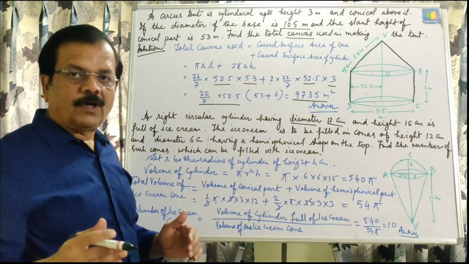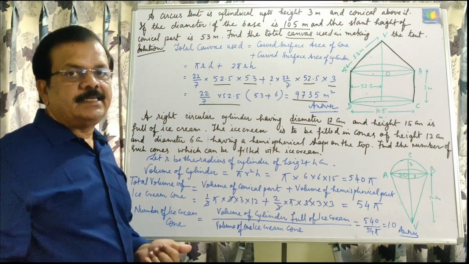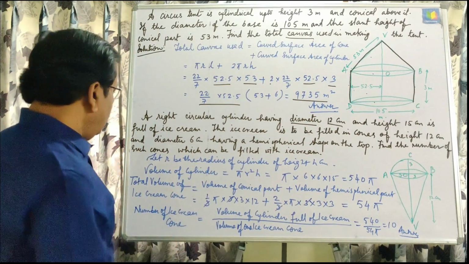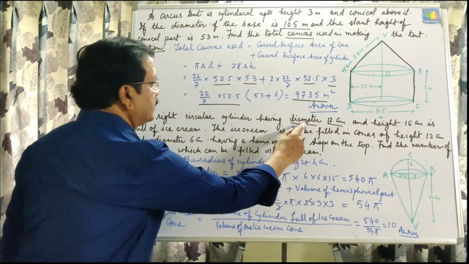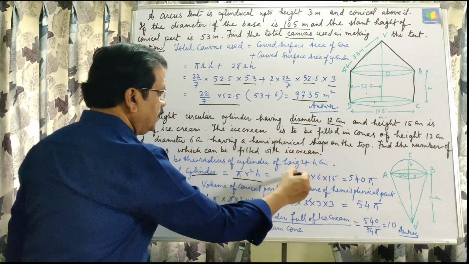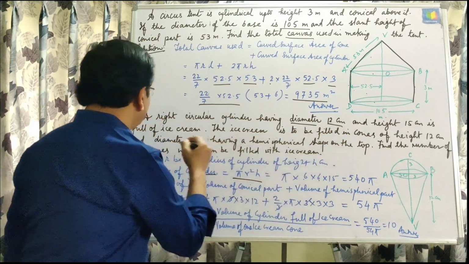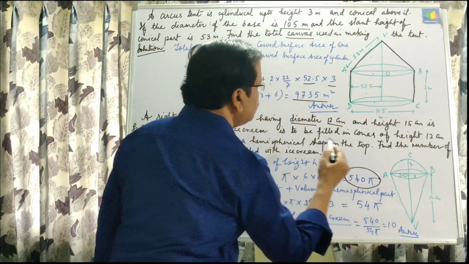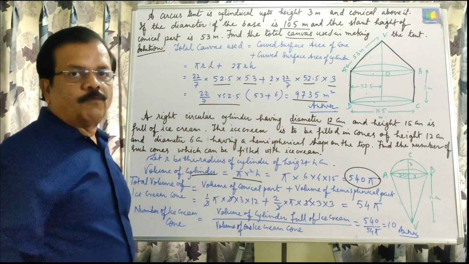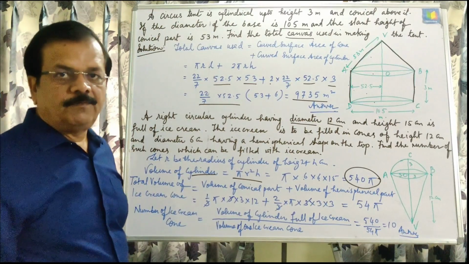First of all, how much ice cream is inside that cylinder is the volume of that cylinder, that is pi R square H. Diameter 12, then R will be 6, into H is 15, then 540 pi, this much centimeter cube volume of ice cream we have.